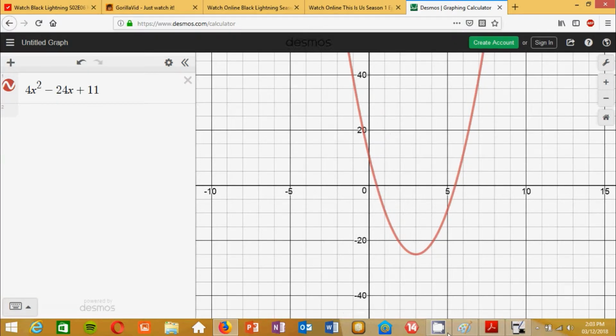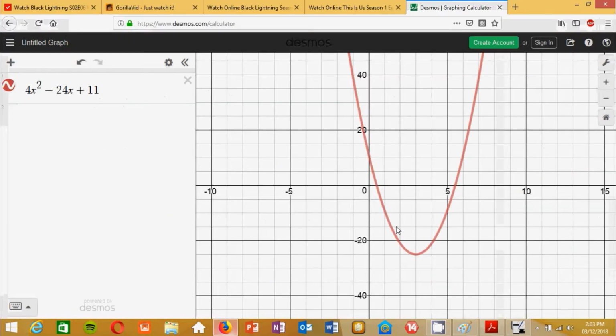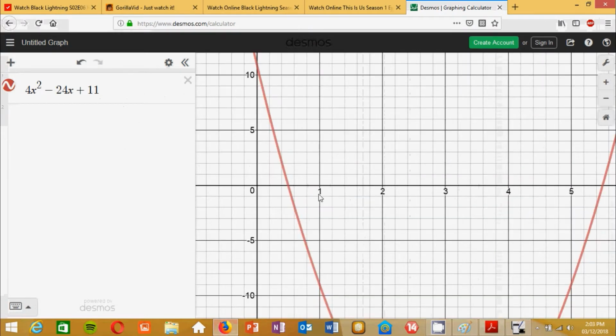So now that you have your graph sketched, you're trying to find the range of this function. And remember, finding the range of a function basically means finding the possible values of g. What are the possible g values if x is less than or equal to 1, because this is the domain. So we're going to go to x is equal to 1.